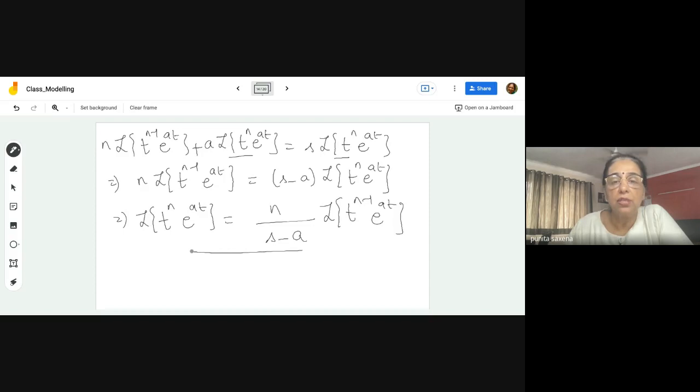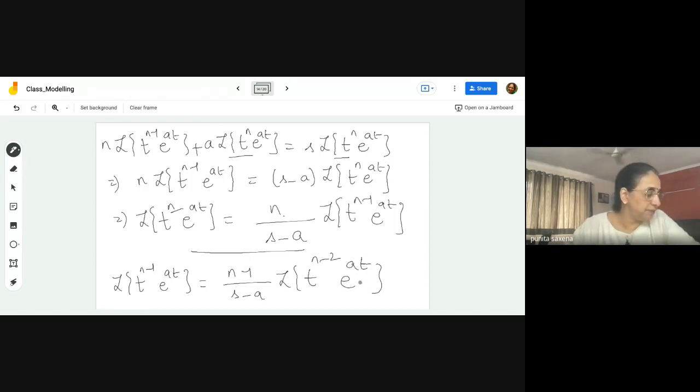Now, using this result, can we not write the Laplace transform of this? That means what are we doing? We are simply replacing n by n minus 1 here. So it will be n minus 1 upon s minus a Laplace transform of t to the power n minus 2 e to the power at.